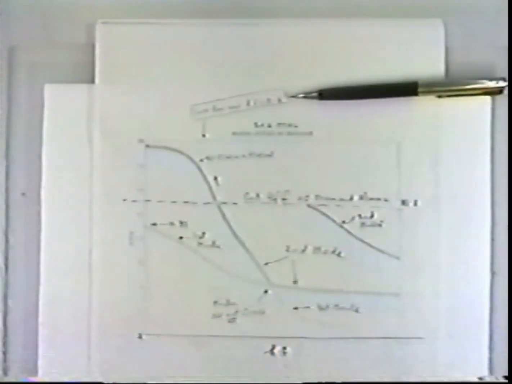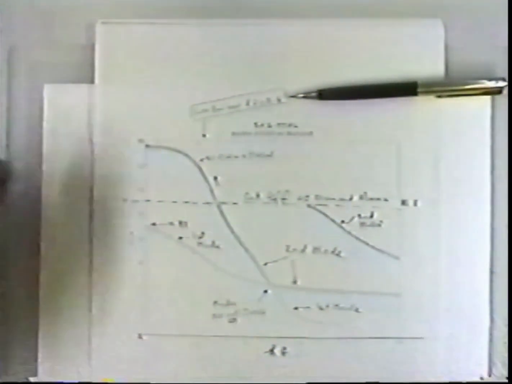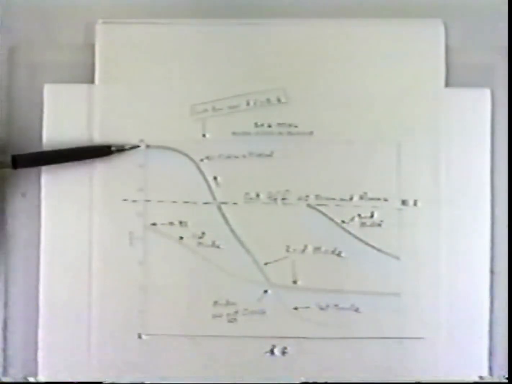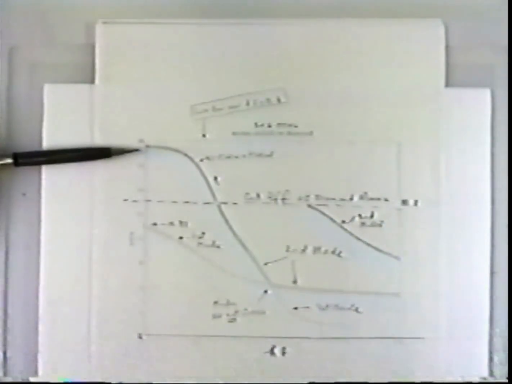So there's only one pseudo-SAW mode, the so-called high-velocity pseudo-SAW mode, and it approaches the longitudinal velocity of the diamond as we approach zero thickness.